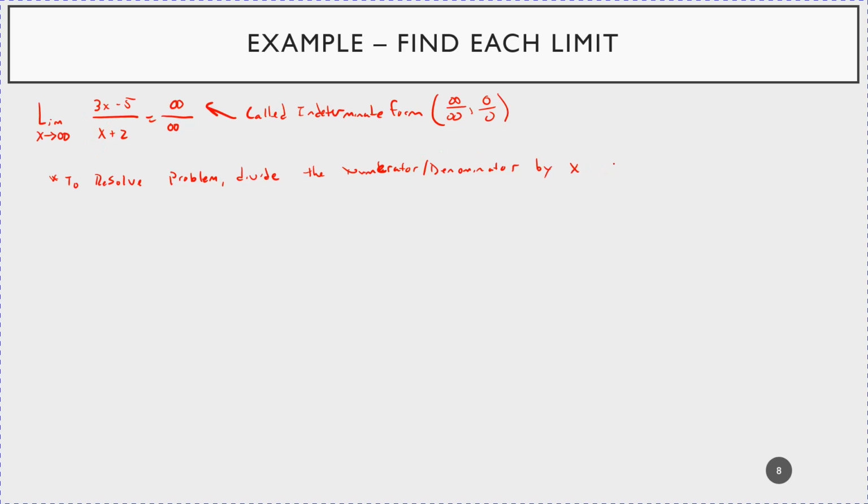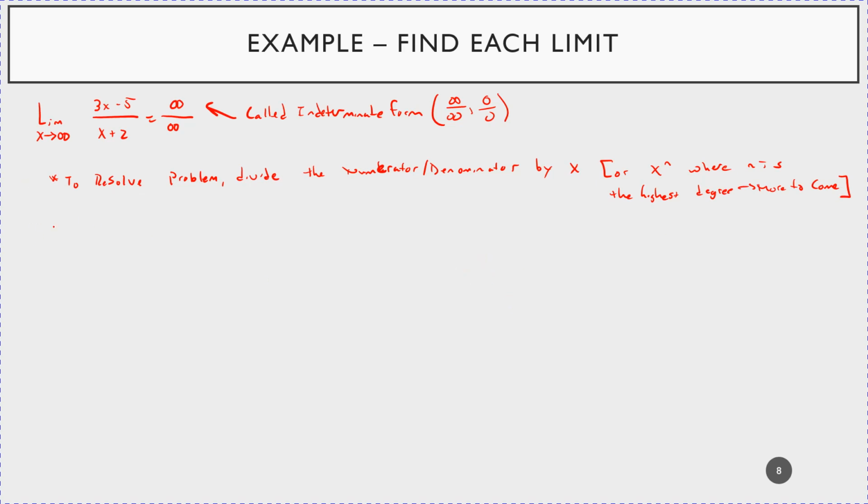All right, or you do it by x to the n, where n is the highest degree. And there's more to come on this, okay? All right, we'll do this a lot in the coming slides here.